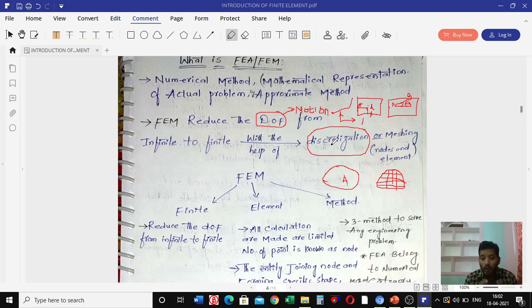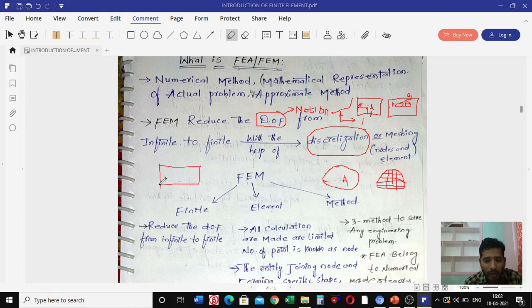How will you get more accuracy? If you increase the number of elements or the number of nodes, then you will get a better result and better accuracy. Let us see over here. This is our rectangular lamina.